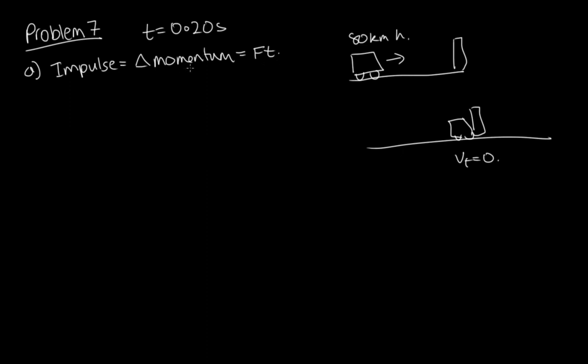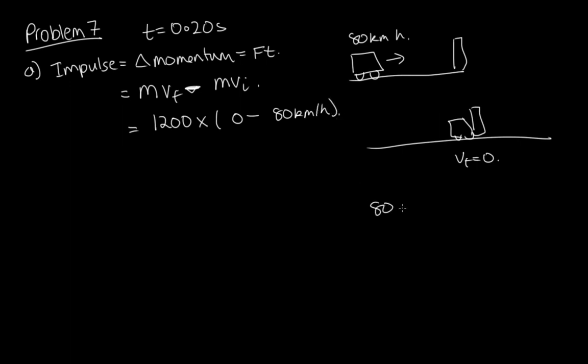So in this case, it's easiest to use the change in momentum. So this will be m V final minus m V initial. And the mass of the car, we're told, is 1,200. So this is 1,200 times V final, which is 0, minus V initial. So minus the 80 kilometers per hour.